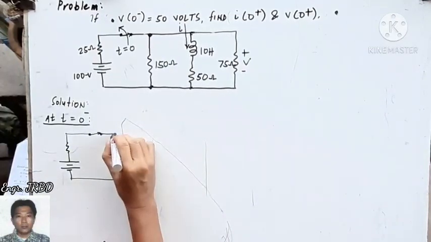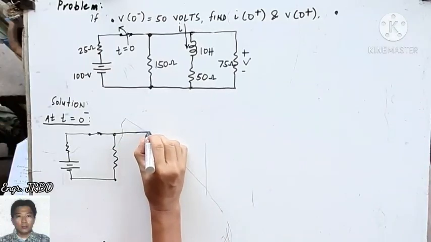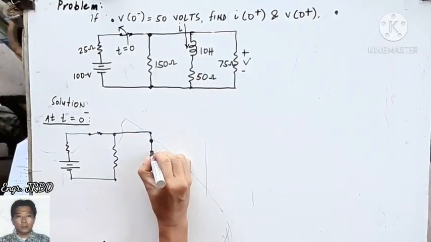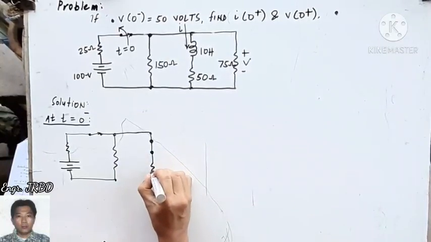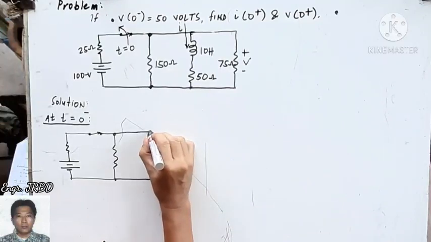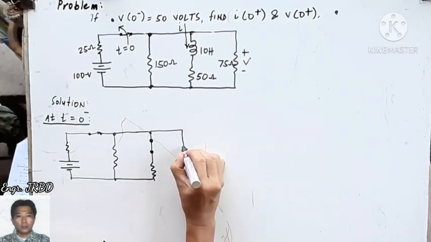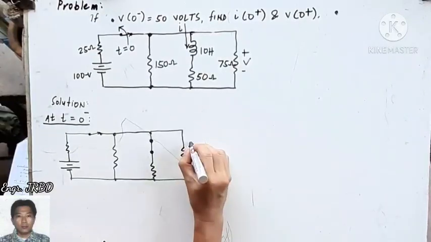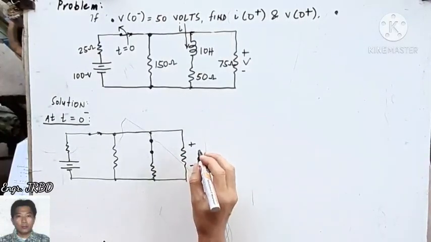Since it has already reached its steady state value, your inductor will behave like a short circuit. The other parameters like your resistance will remain the same. This is your V, where your 75 ohms is located.